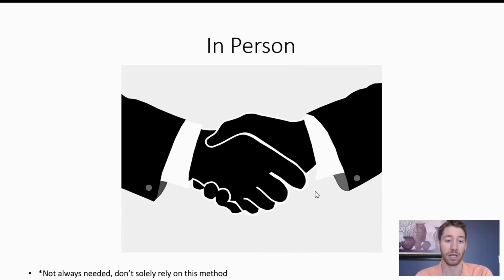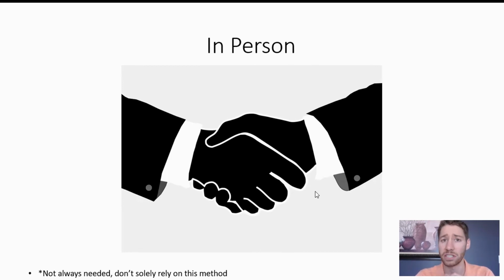So, in person, I would say that this is the best mode of communicating. Obviously, there are a lot of circumstances that don't allow this to happen, particularly in today's environment with everything that's going on. But in-person communication is really good because you get all those nonverbal cues, right? You get good eye contact, you're shaking hands, you're able to read their body language.